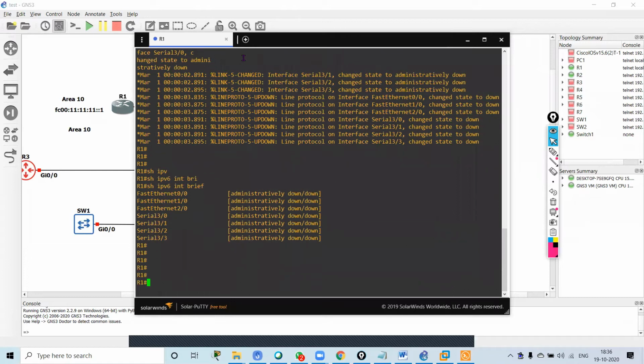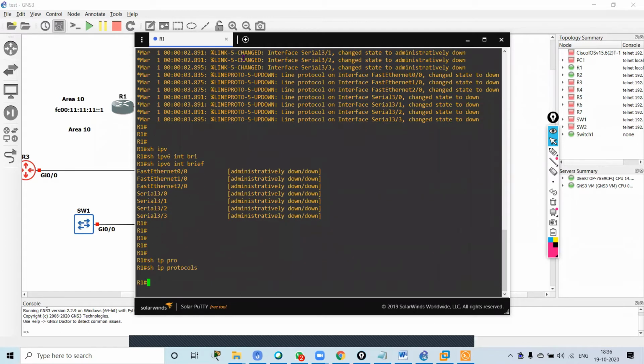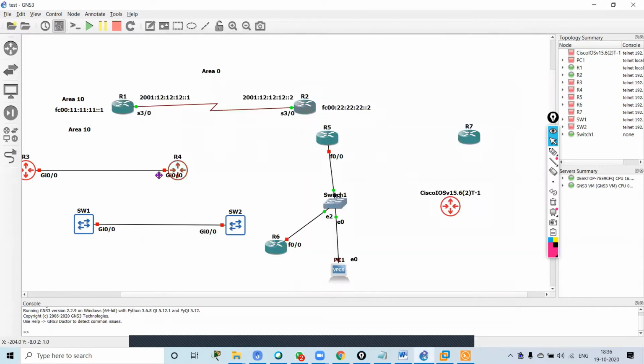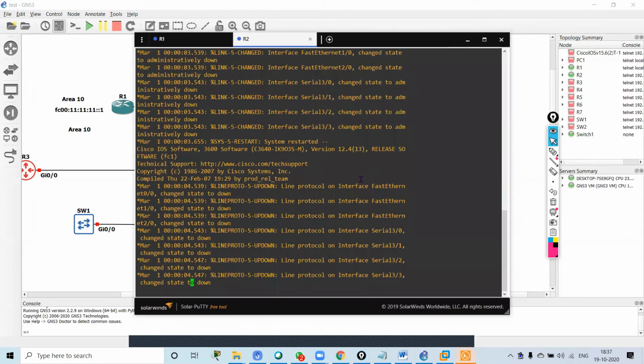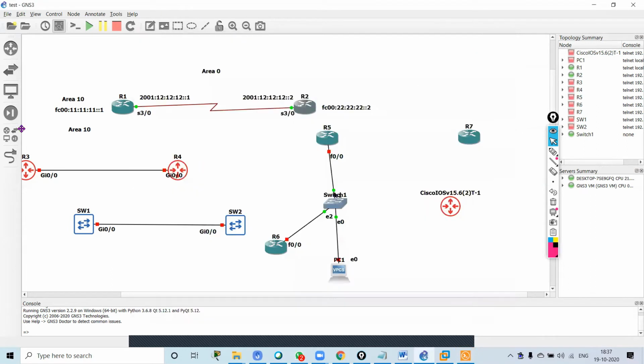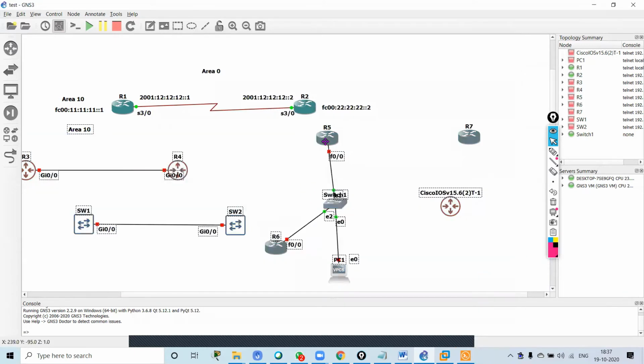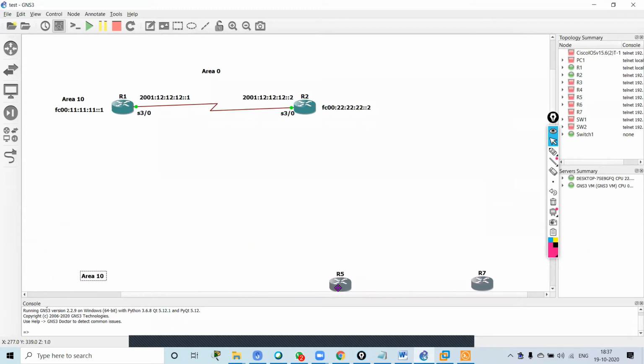There is no IP address. Good. Show IP protocol. There is no protocol. So just consider we are having two routers only over here, R1 and R2.